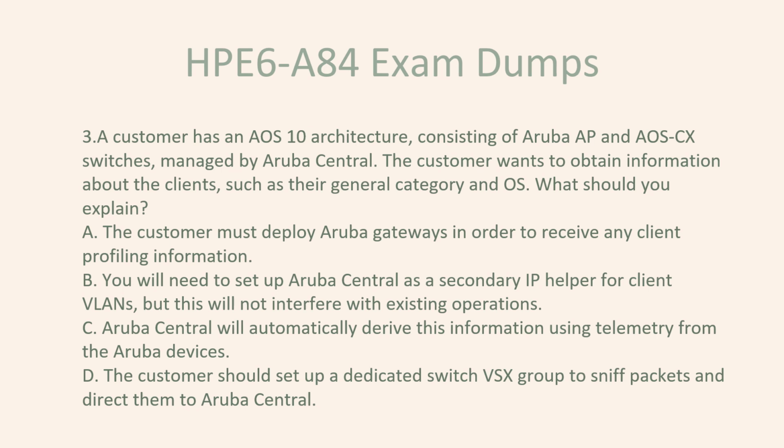B. You will need to set up Aruba Central as a secondary IP helper for client VLANs, but this will not interfere with existing operations. C. Aruba Central will automatically derive this information using telemetry from the Aruba devices. D. The customer should set up a dedicated switch VSX group to sniff packets and direct them to Aruba Central.